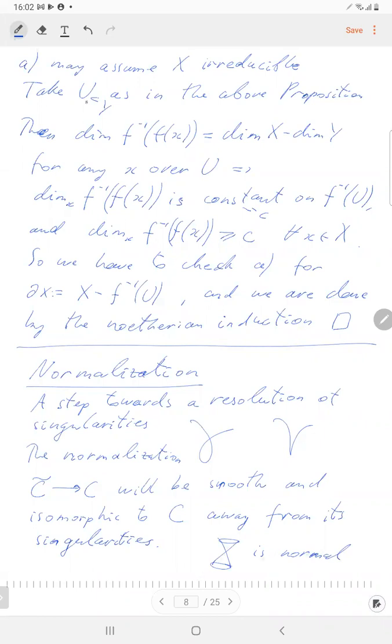Because to resolve its singularities, you need to blow up at the vertex of this cone, and after you blow up, you will introduce the exceptional divisor, which will be one-dimensional, just P1, smooth conic at this point. But the fibers of normalization are always zero-dimensional.